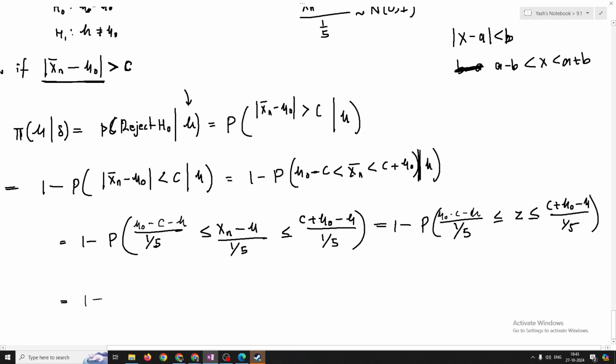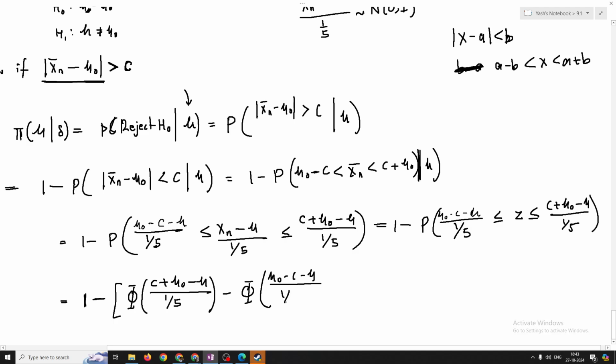I just write this in terms of the CDF. This is 1 minus phi of this thing, C plus mu naught minus mu by 1 by 5, minus the CDF of this thing, mu naught minus c minus mu by 1 by 5.